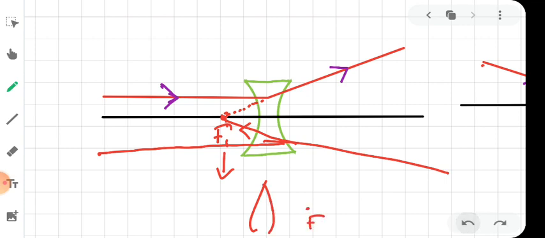F2 was the focus of the convex lens, and F1 is the focus of the concave lens, because it only appears to be coming from here. So the image is in fact a virtual one, because it only appears to be coming from one point. Okay, so that was the first case. A ray running parallel to the principal axis will appear to be coming from F1.